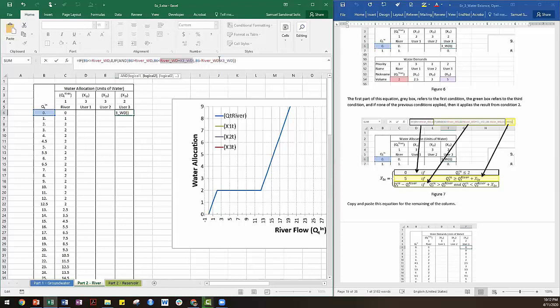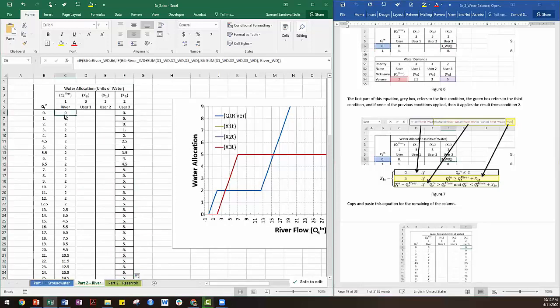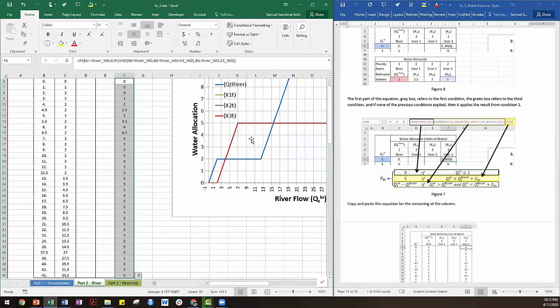That is the available water above what the river has taken for its water demand. Otherwise, it will be 5, which is what is going on here. That is how we estimate those values for user number 3.